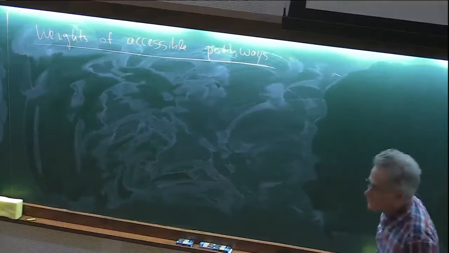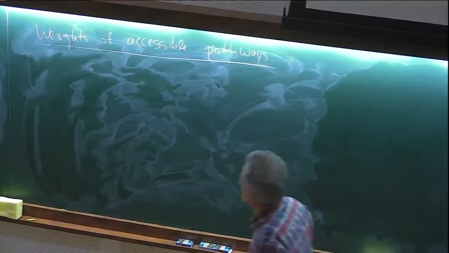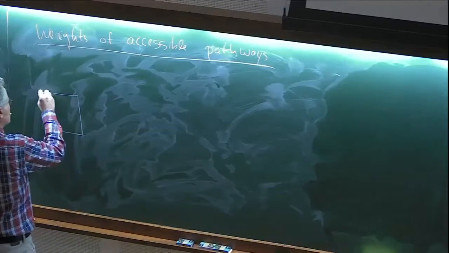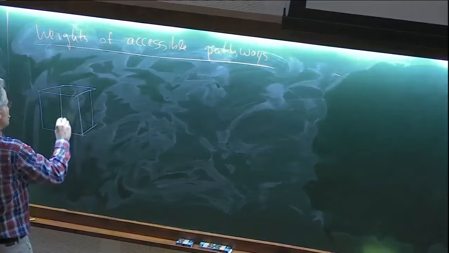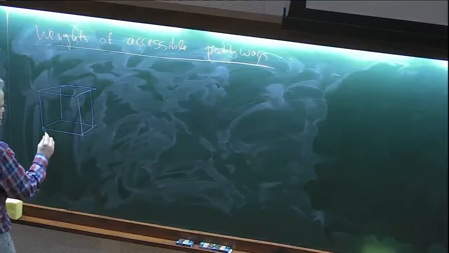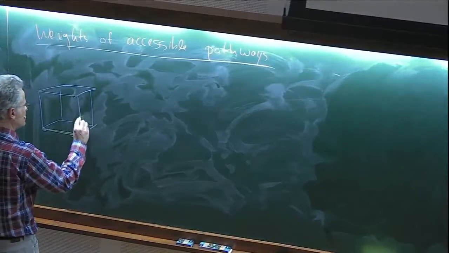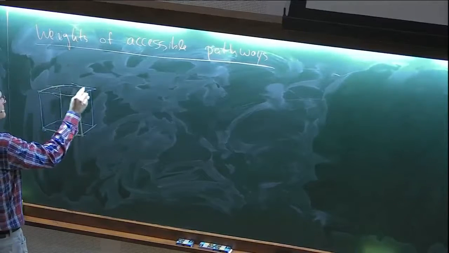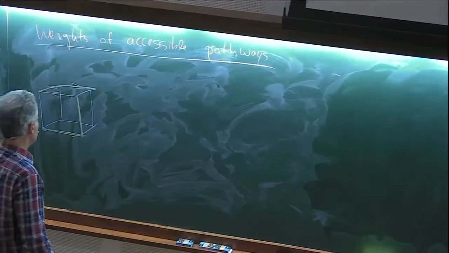And so what we need to know, suppose we have, the last cube I will draw in this lecture, maybe. Suppose we have some pathway on this graph that does something, right? So it's accessible by definition.